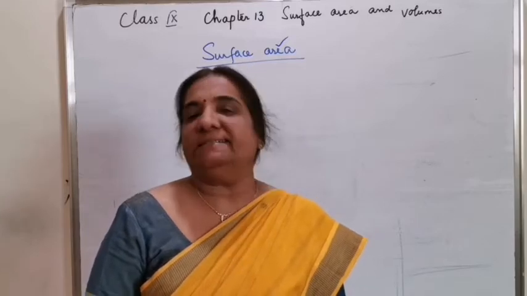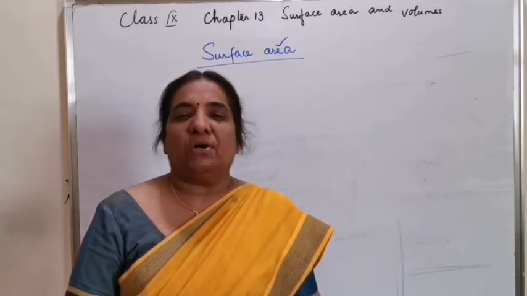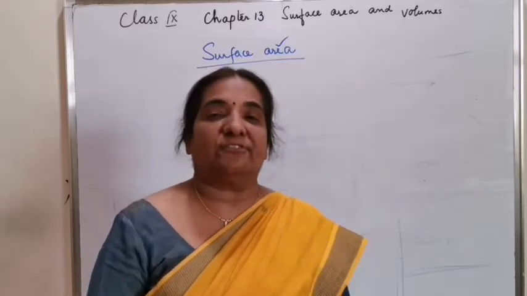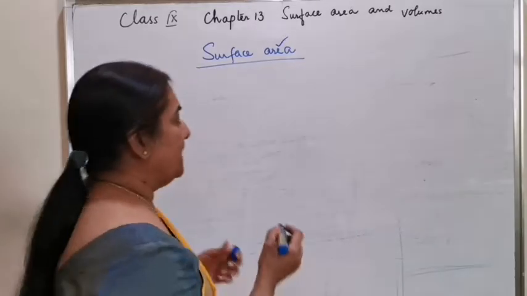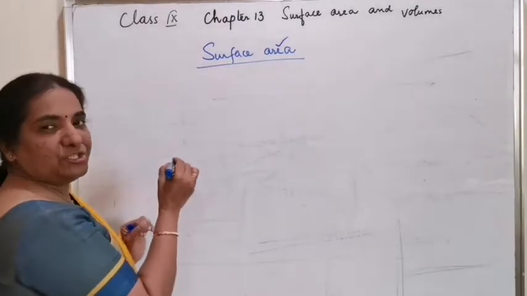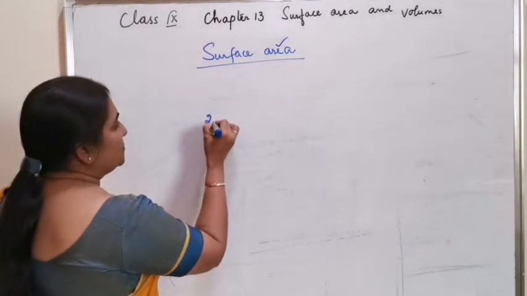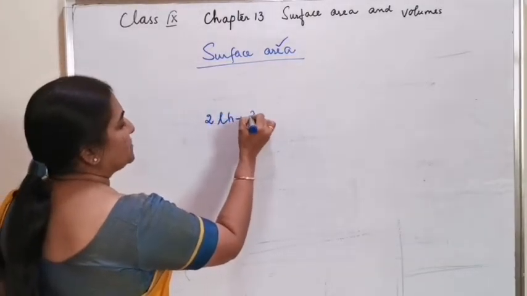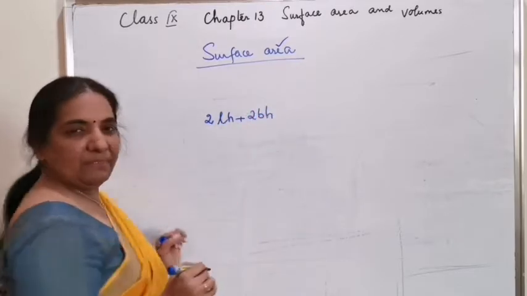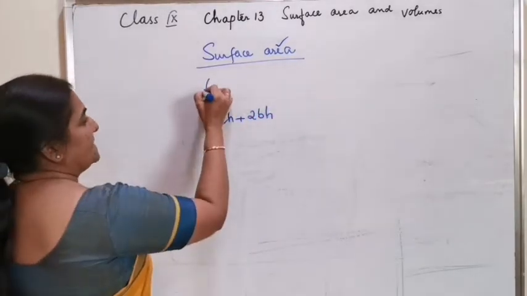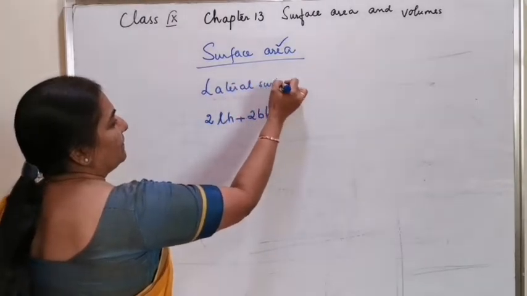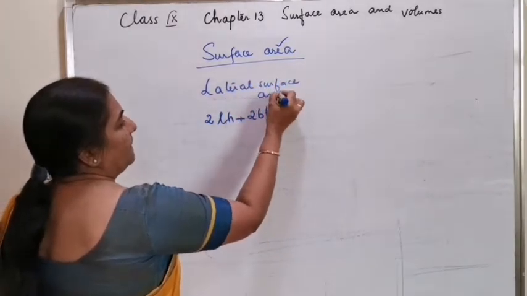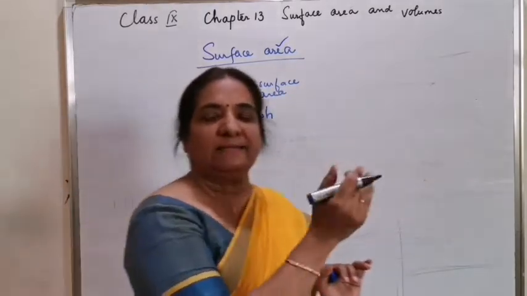This particular concept is called the lateral surface area of a cuboid. That means if you have the dimensions of only 2LH plus 2BH, you call it the lateral surface area, or only the area in the lateral faces.